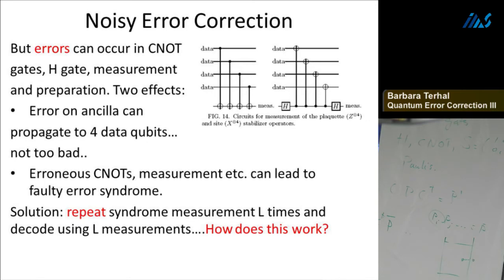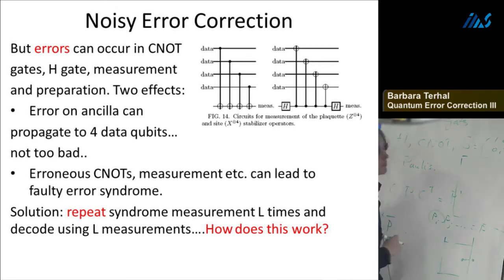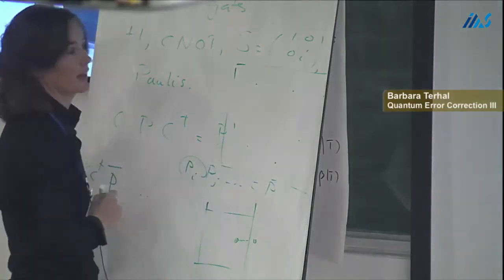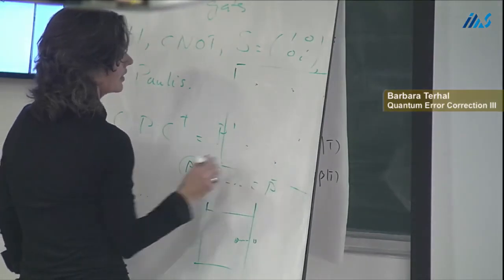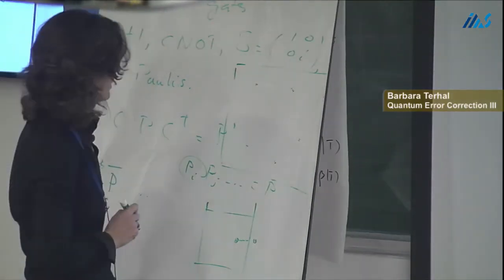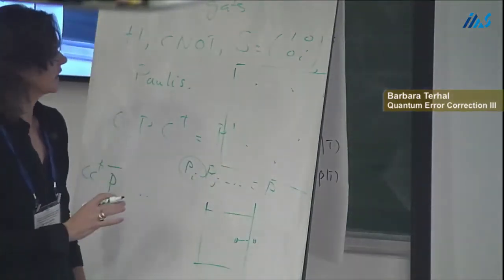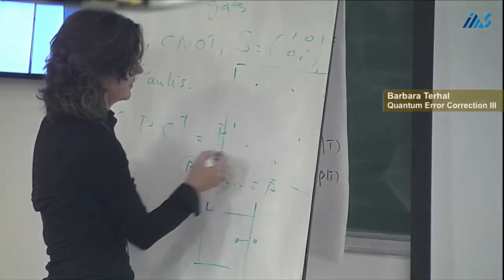So if L is large, instead of having single qubit errors happen somewhere, you'd have some kind of cluster of errors. But if this density of clusters is still sufficiently low, I can still do some correction here.